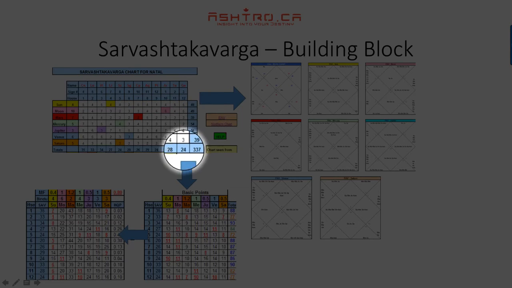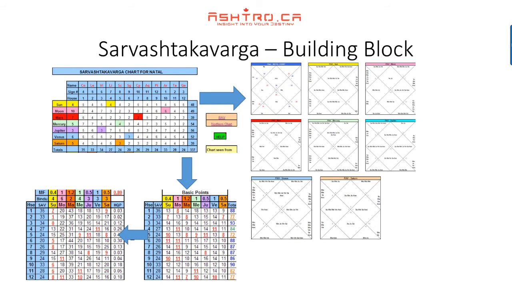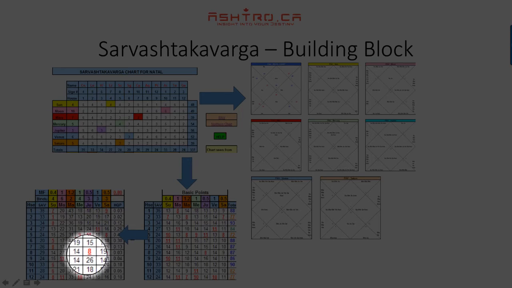So once we have the total Sarvashtaka Varga points, this becomes the basis to go into calculation of the basic points, which is what I have covered in my previous session. And with the basic points, we do a whole bunch of calculations which considers the Upachaya, the aspects on the house, aspects of the planets, so on and so forth, and we come to the net effect of all the yogas or the planet's power and how it will fare for each of the house, all 12 houses of the chart.